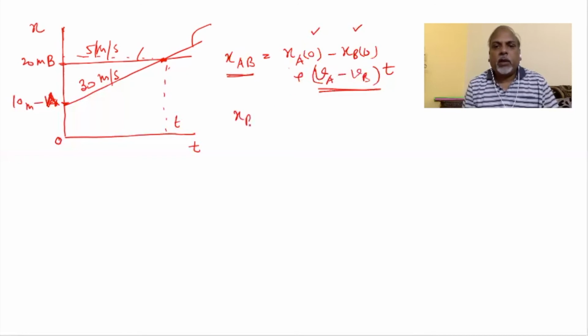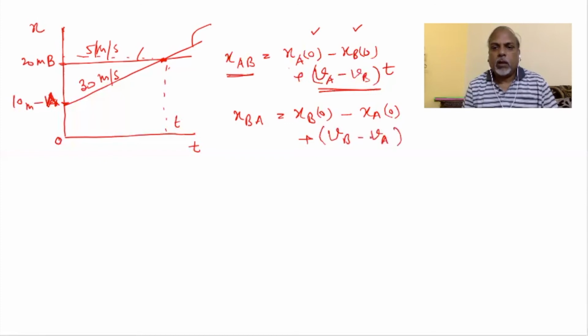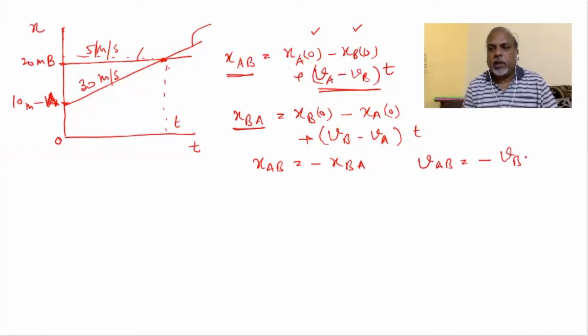Like that, if it is B with respect to A, then of course the same thing will come, minus x_A. Here x_AB must be equal to minus x_BA, like V_AB will always be equal to minus V_BA.